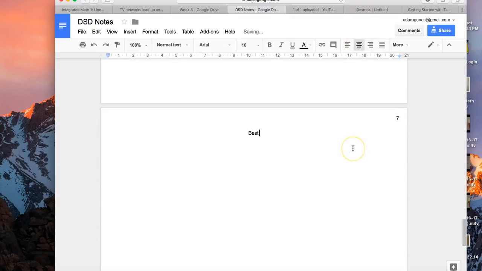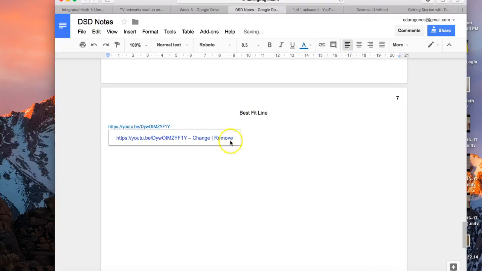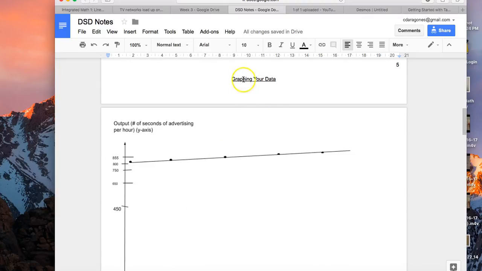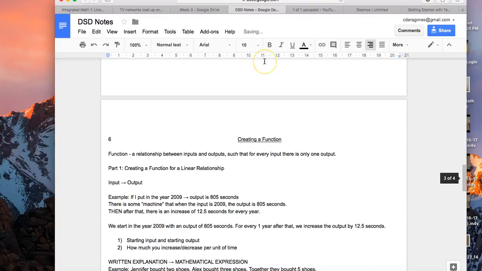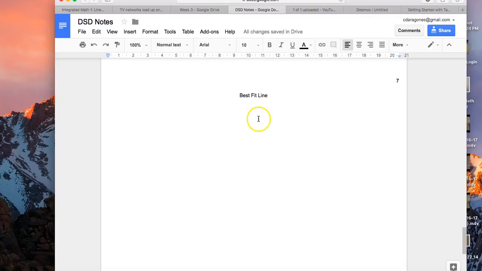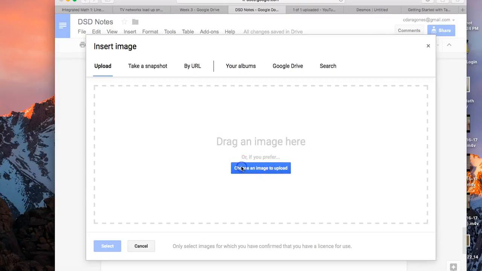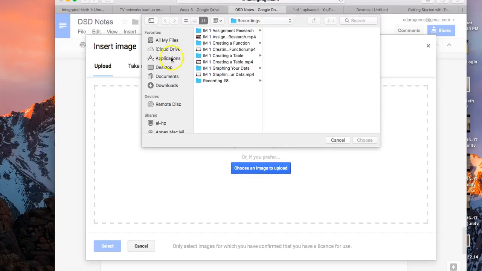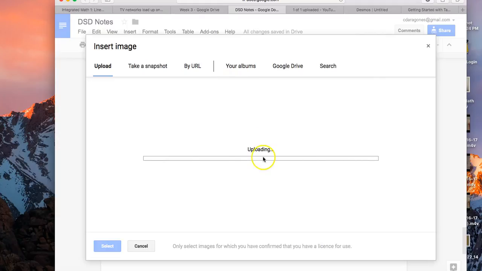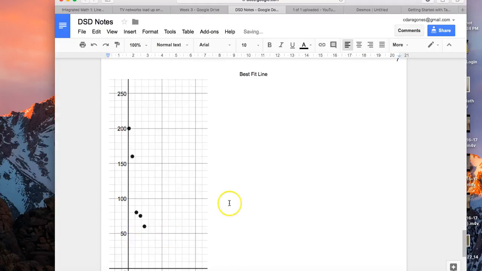So this is called your best fit line. You're going to take your data and graph it, just like you did. You already have the graph here on page 5, graphing your data. You're going to take your graph and put it on page 7.